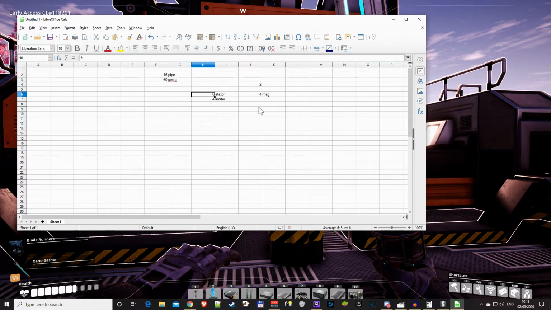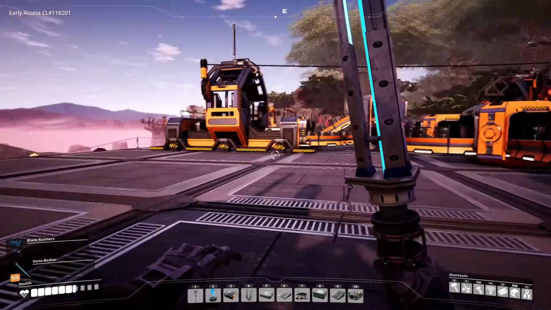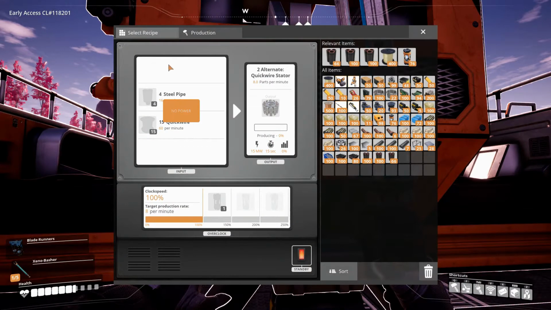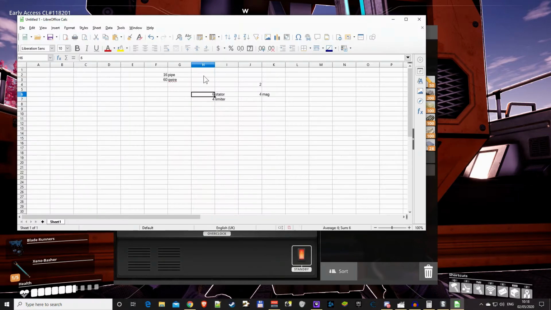Because of the way it works, we can't. Well, I mean, we consume 4. Let's start with the stator then. 8 stators. So we're producing a bit more than we're consuming.